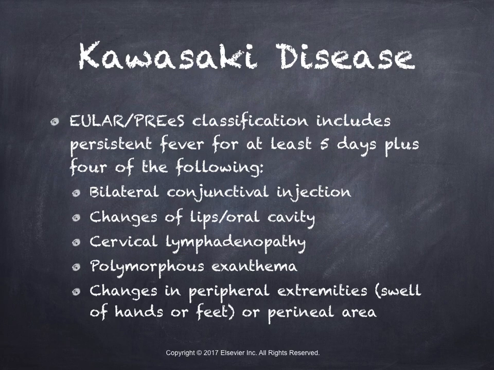Changes in the lips or oral cavity, including red, chapped or peeling lips, red in the buccal cavity, cervical lymphadenopathy, a polymorphous exanthem, and changes in the peripheral extremities, either swelling or peeling of the hands and feet and perineal area.